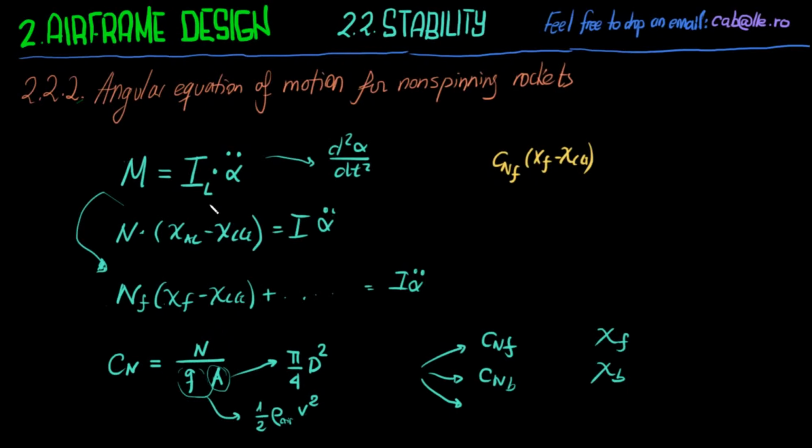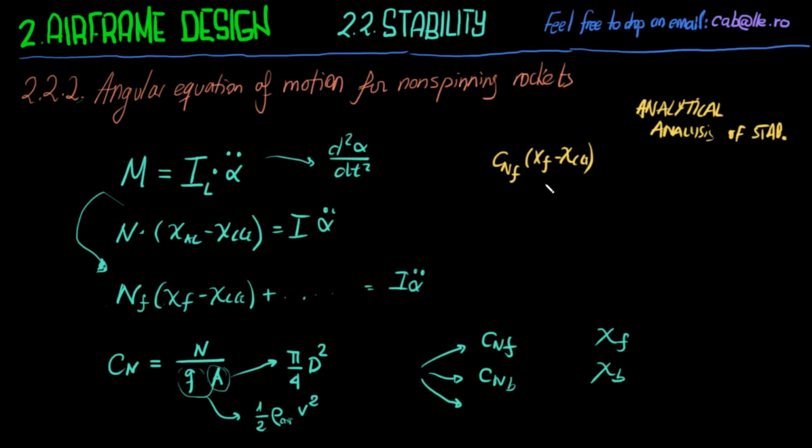So that's a thing you have to worry about, that rockets are going to spin even though you don't want them to. From now on, I'm going to do it video by video, step by step. My goal here is going to be to do an analytical analysis of stability.